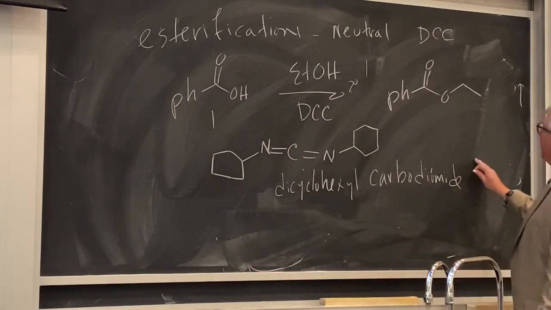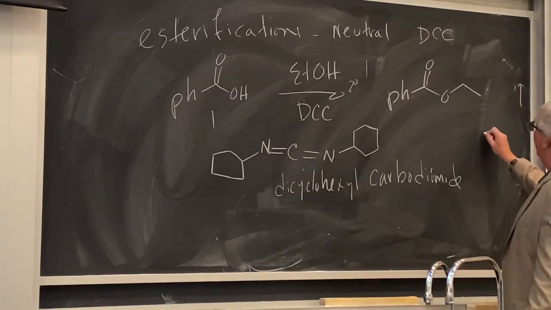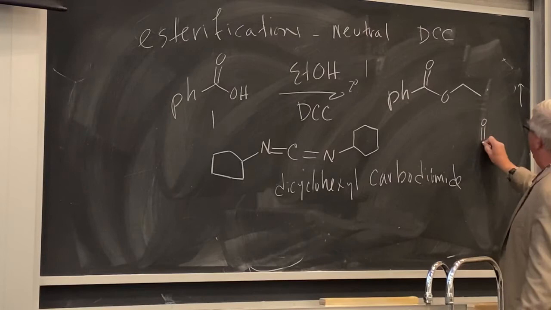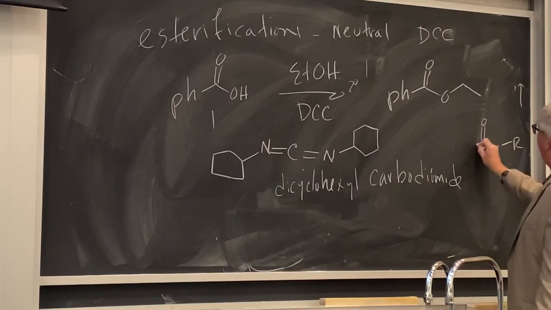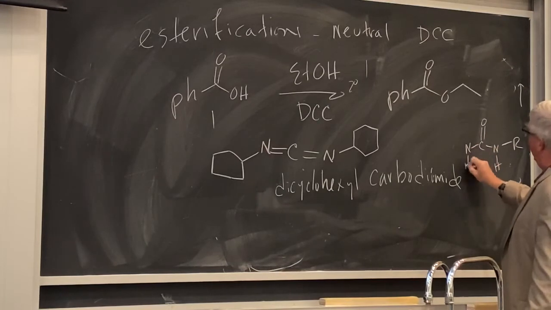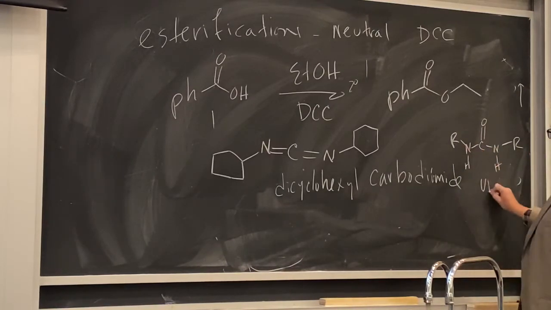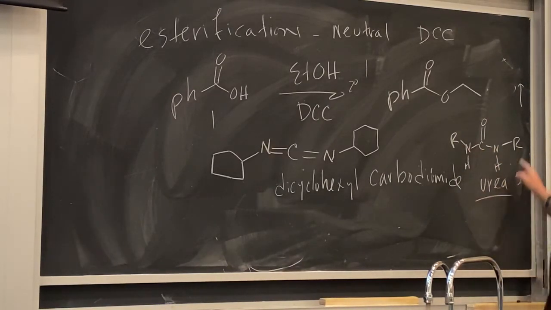The byproduct, and this will be part of the driving force for the reaction, ends up like this. The 2 cyclohexyl groups on there, I'll just say R. 2 hydrogens are, this is actually called urea. And if these R groups were hydrogens, that's actually the waste product of excess nitrogen in higher animals. Urea, you've probably heard of urea in urine, whatever. This isn't a urea from urine.